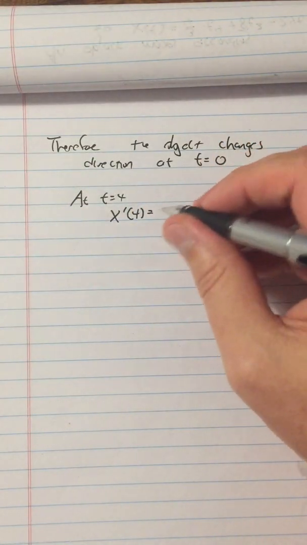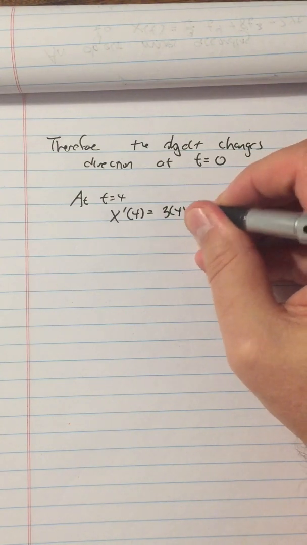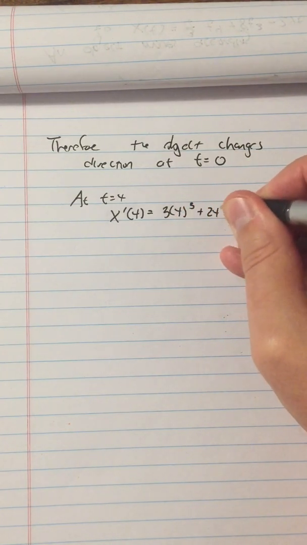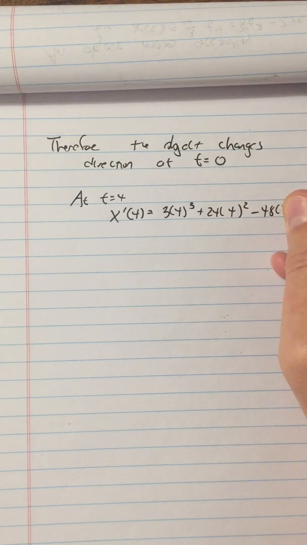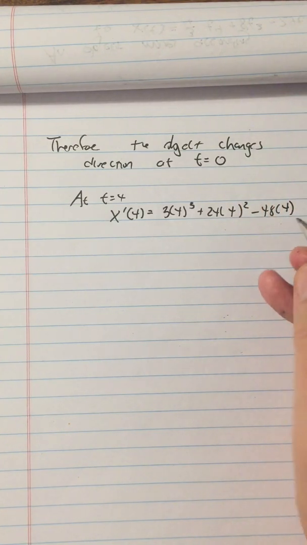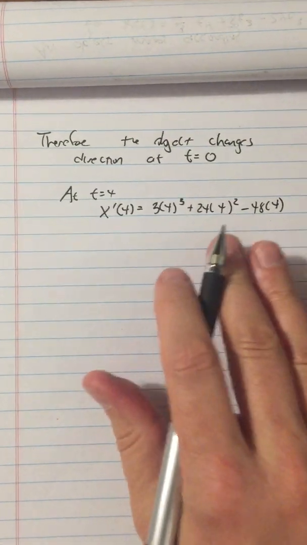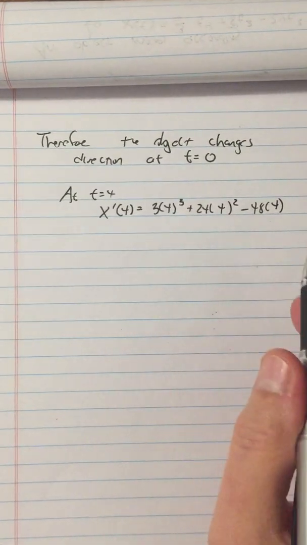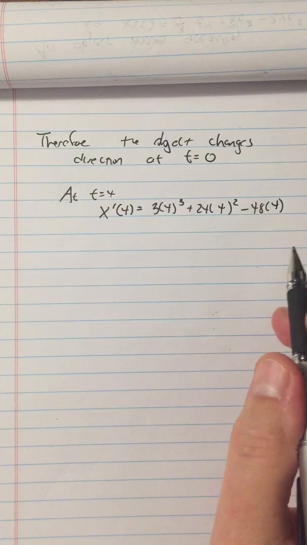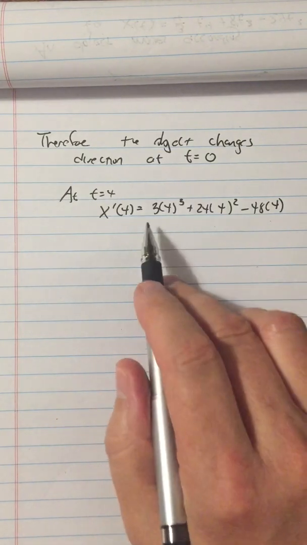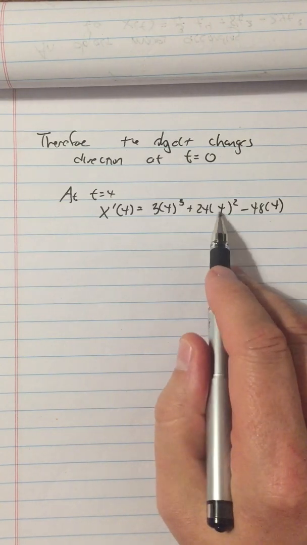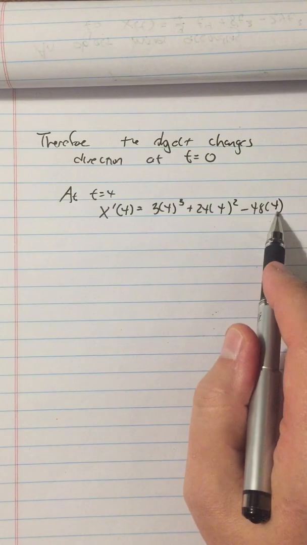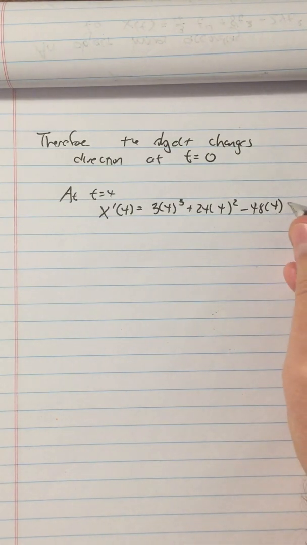It's 3t cubed plus 24t squared minus 48t, so 3 times 4 cubed plus 24 times 4 squared minus 48 times 4. We don't need to know what this equals, by the way. We just need to know if it's positive or negative. You can do some tricky things like noting that 3 times 64 plus 24 times 16 is definitely going to be larger than 48 times 4. So I already know this is positive.